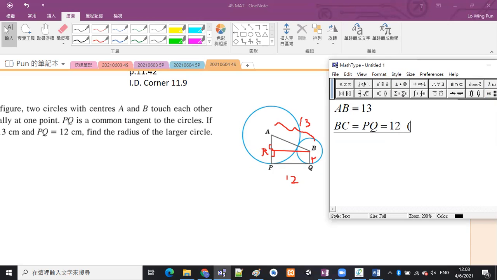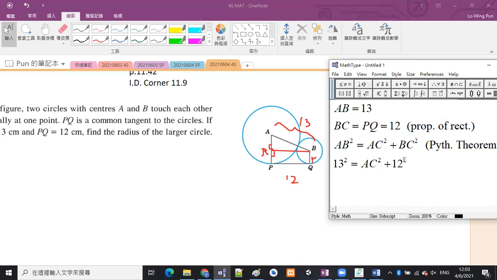This is a property of a rectangle. And then, in triangle ABC, we can use Pythagoras theorem to find the length of AC. Because AB square should be equal to AC square plus BC square. So 13 square is equal to AC square plus 12 square, and AC is calculated to be equal to 5 cm.